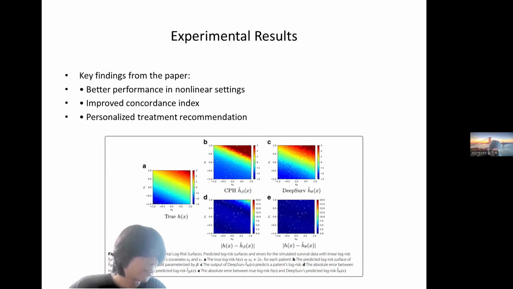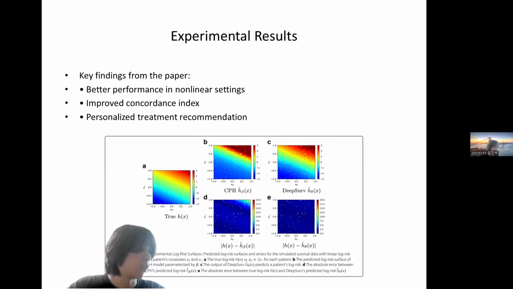DeepSurv addresses this problem by optimizing a loss function derived from the Cox partial likelihood. This allows the model to properly handle censored survival data while still benefiting from deep learning. So the neural network is trained within the survival analysis framework rather than outside of it.